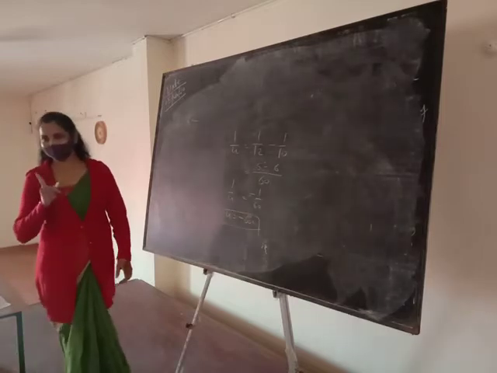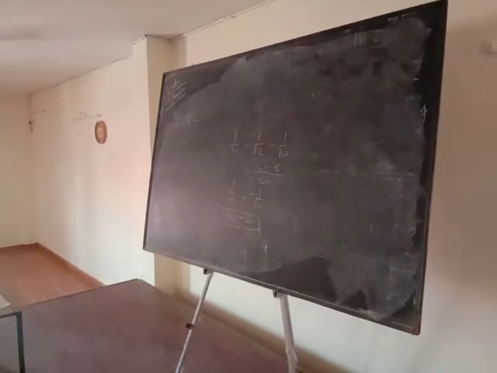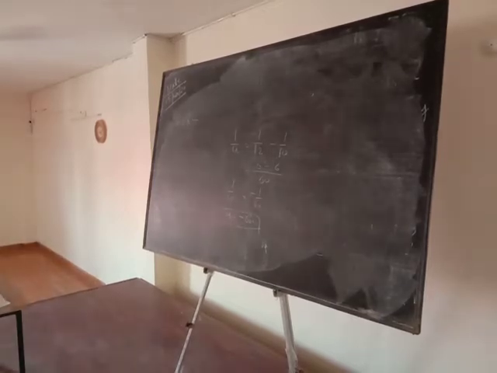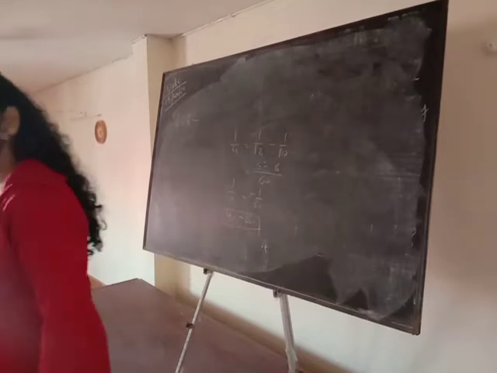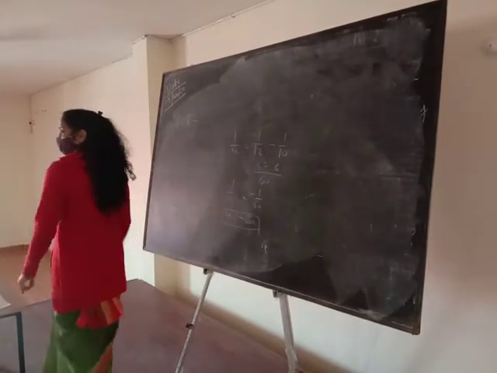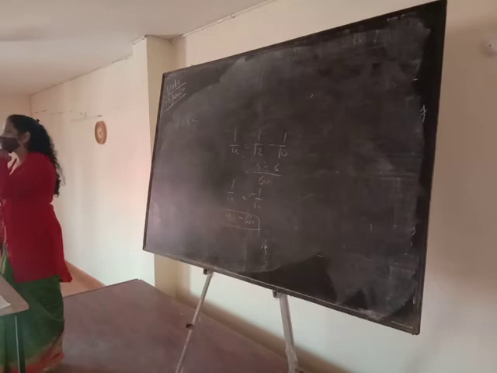You did not write the question? An object of height 7 centimeter placed at the distance of 12 centimeter from the lens. Okay, what is given in the question? Tell me.